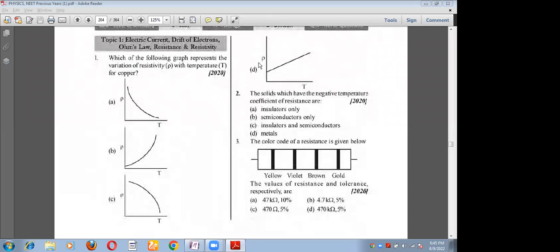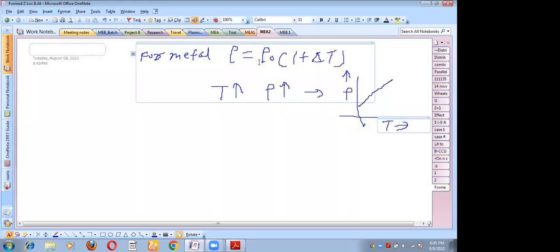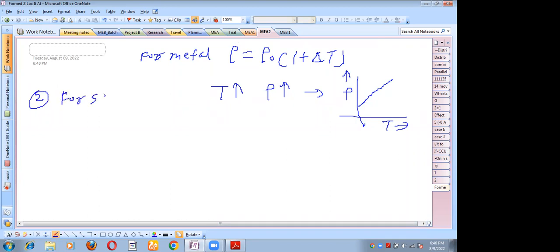No, insulator cannot have that. You know that insulator has infinite resistance. So for semiconductor, with increase in temperature, resistivity decreases.